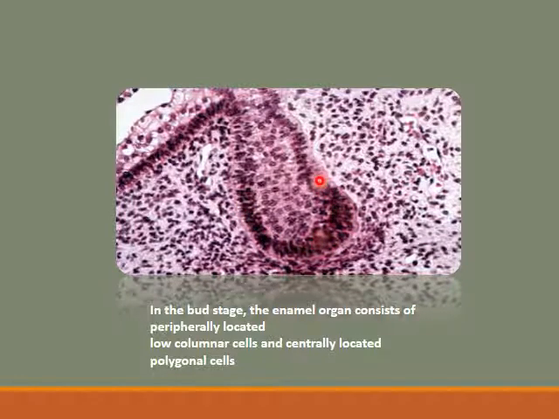The enamel organ in bud stage is histologically formed from cuboidal outer or peripheral cells, a single cuboidal cell layer surrounding the enamel organ in bud stage, and the central cells are the polygonal cells present inside this enamel organ, and this is the ectomesenchymal condensation to form the dental papilla.